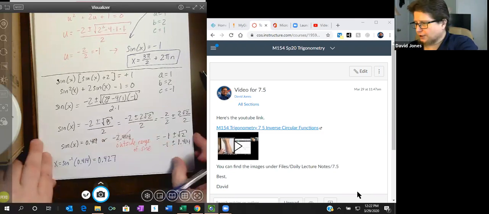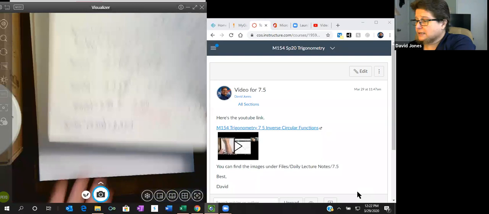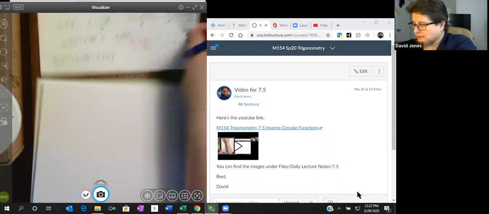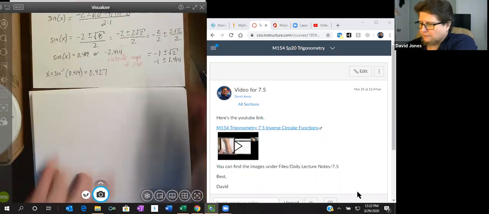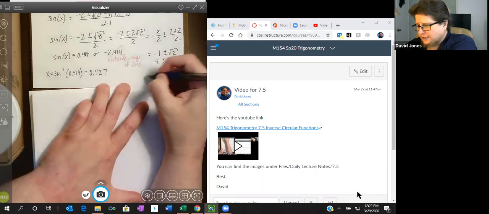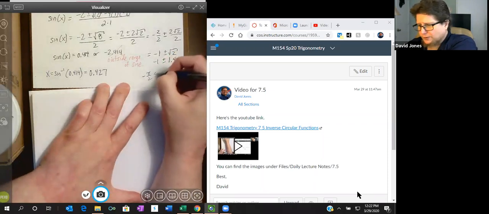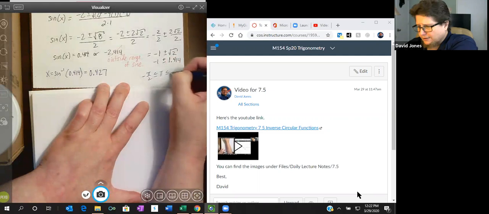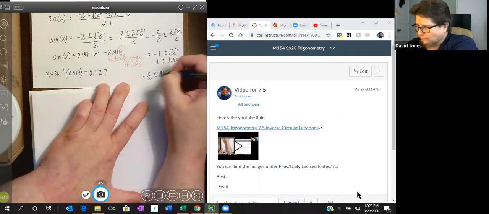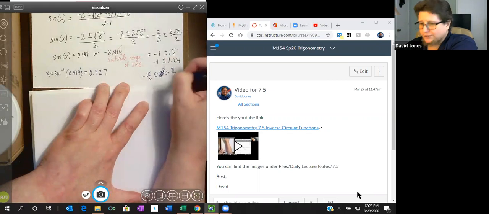Now let's stop and look at the picture and see what happens. Remember, sine inverse is negative pi over 2 less than or equal to... oops, less than or equal to pi over 2.